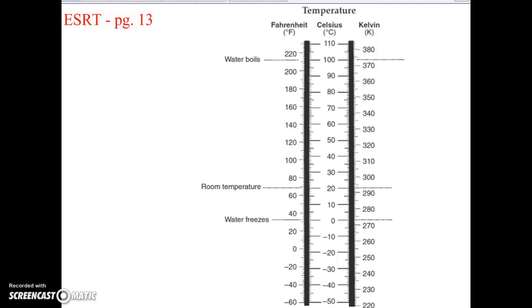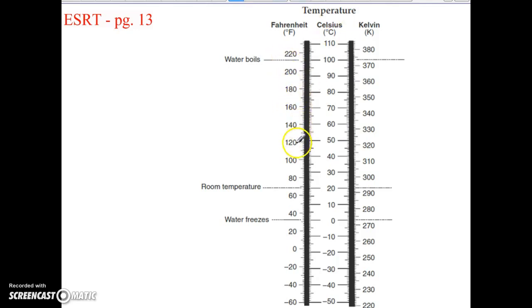In your reference table on page 13, you have this temperature scale that we can use to convert from Fahrenheit to Celsius to Kelvin. And on the scale, there are a few important temperatures, such as the freezing point of water, room temperature, and the boiling point of water. The first thing you need to understand to use this is that each of these scales is counting by a different numerical value.